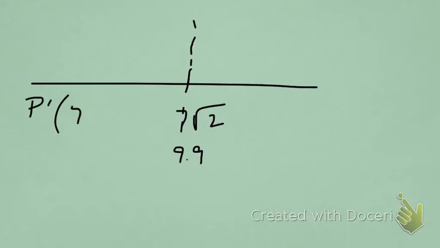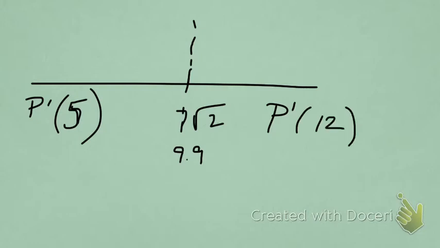So now we could test a number from each side of 7 square roots of 2. We would test it by plugging into that derivative. Anything less than 7 square roots of 2, that's anything less than about 9.9. Let's just say I want to test the derivative of, why not call it 5? And then something bigger. How about call it 12?